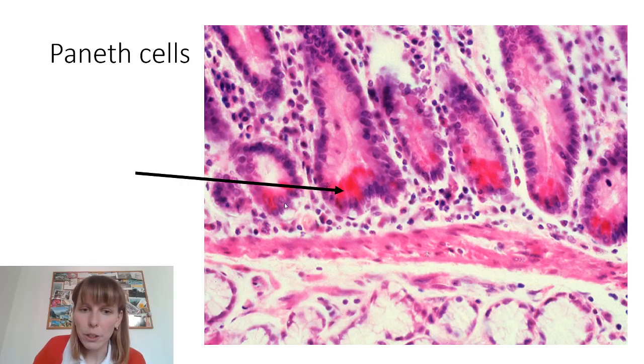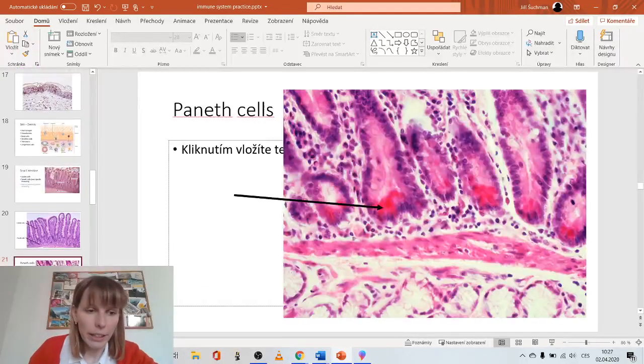So this is the crypts, this is lamina propria between the crypts, and at the bottom you have a group of Paneth cells which are producing lytic enzymes such as lysozyme, which will be degrading the bacteria that got into your intestine.